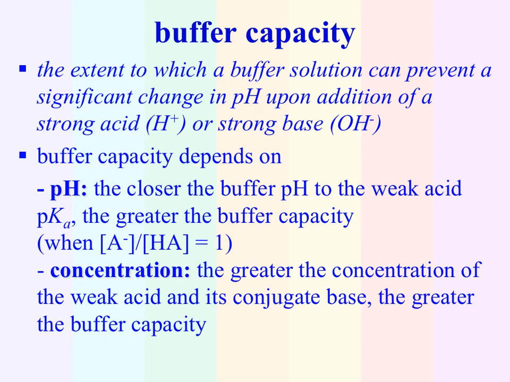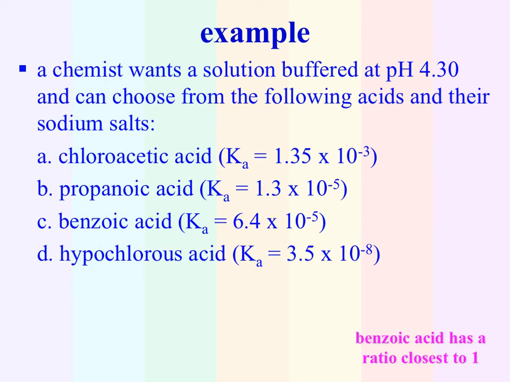Concentration, basically the greater the concentration of the weak acid and its conjugate base, the greater the buffer capacity, right? Because obviously the more of that weak acid or weak base you have in solution, the more H plus or hydroxide ion you could add before a large pH change would occur. Okay, so remember that the closer your pH is to the pKa of your weak acid, the better a buffering situation, or buffering capacity, you're going to have.